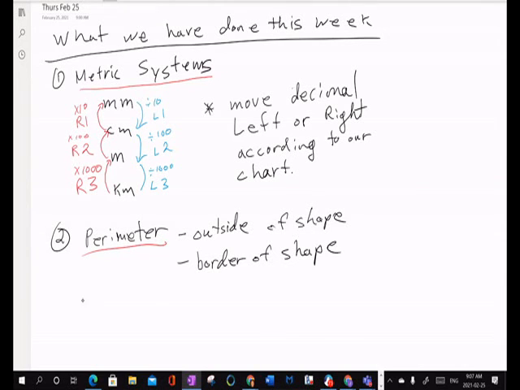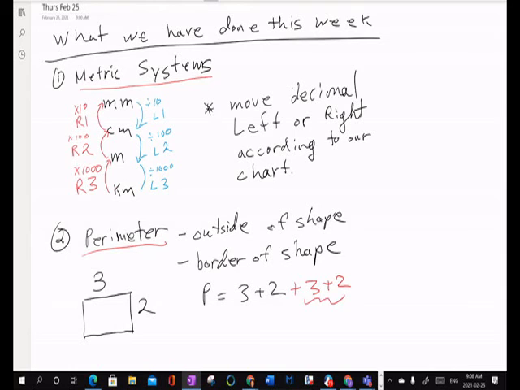Now, specifically, when we were looking at something like this, a rectangle, let's say I had 3 and 2 for its sides, the perimeter would equal 3 plus 2 plus 3 plus 2.